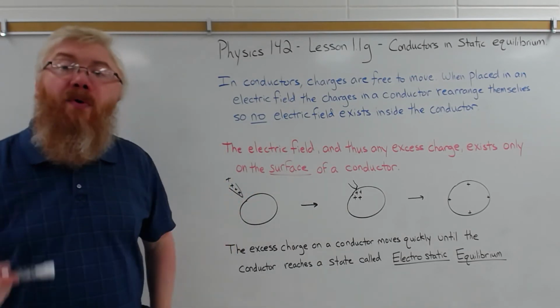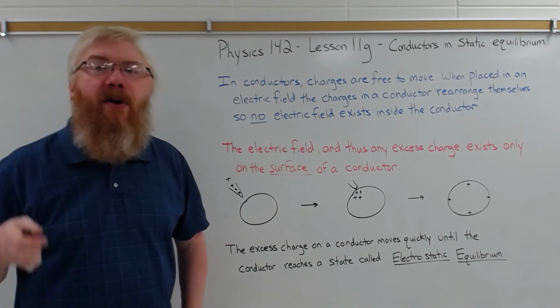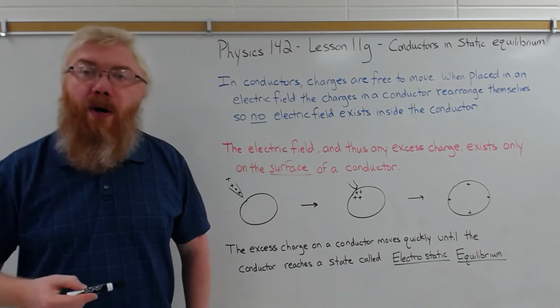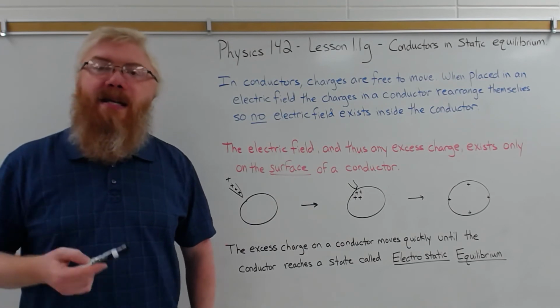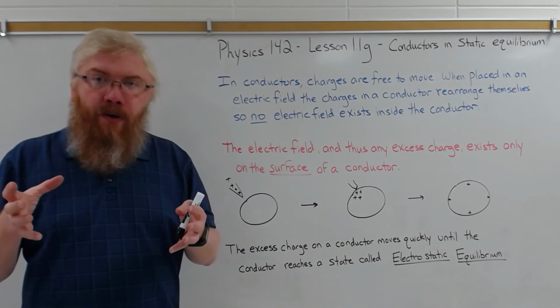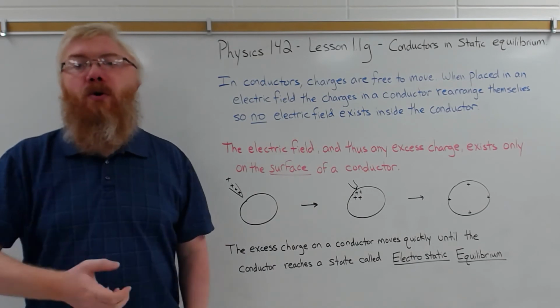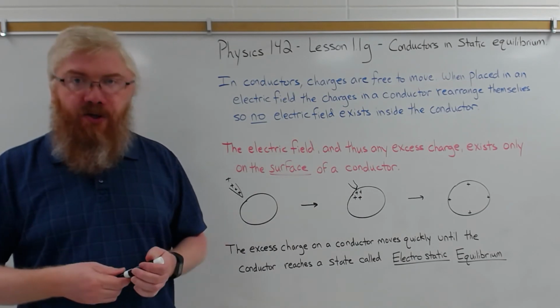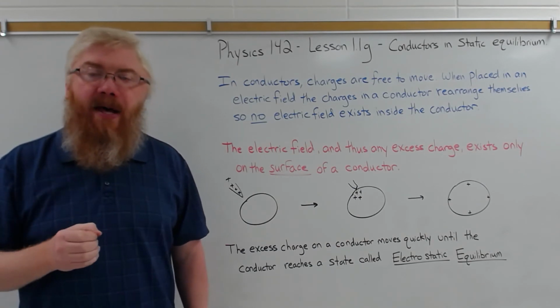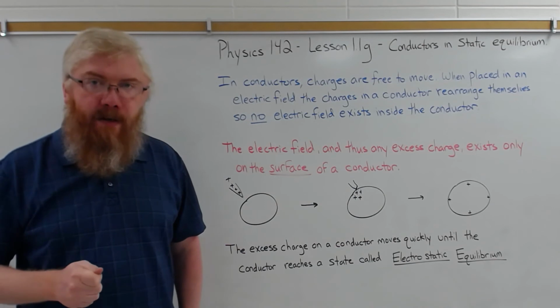Now, this has important applications in what are called Faraday cages. You might have seen examples of a Faraday cage, and I'll try to link one in the notes section so you can see it in action. A Faraday cage is a metal cage that, when you're inside, you are insulated from electrical discharge. So very high voltage arcs of electricity can hit this Faraday cage, but you are protected.